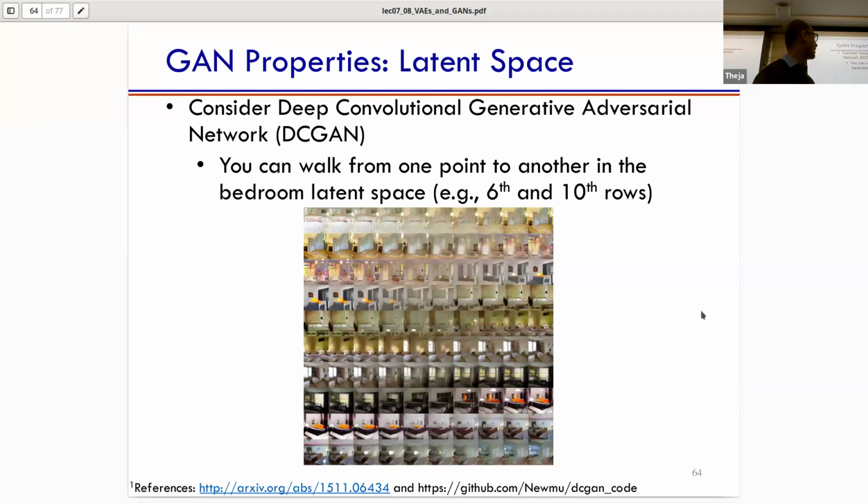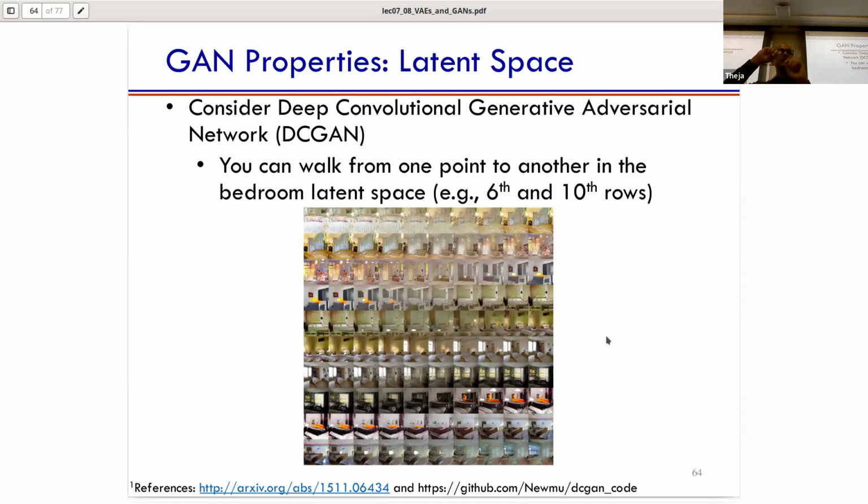Here we're showing the latent space, the input to the generator. We're saying, let's pick two coordinates like this, like the 6th and 10th rows. These rows correspond to these rows here.